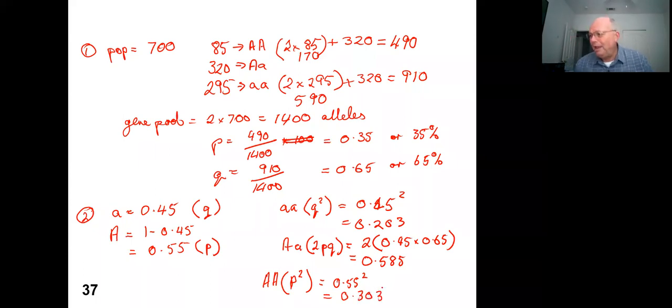Now we can double check ourselves on this because the sum total of these three, 0.203 plus 0.585 plus 0.303, must add up to 1 or near to it.